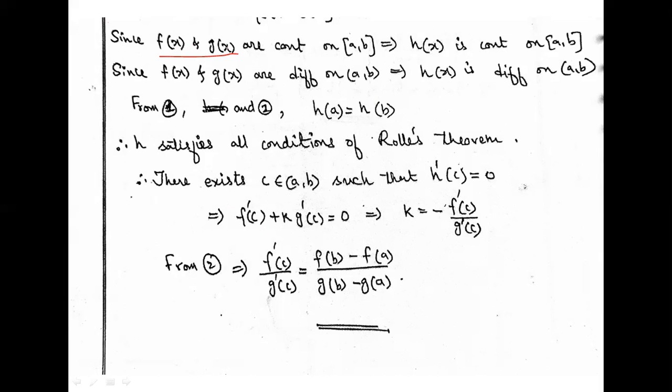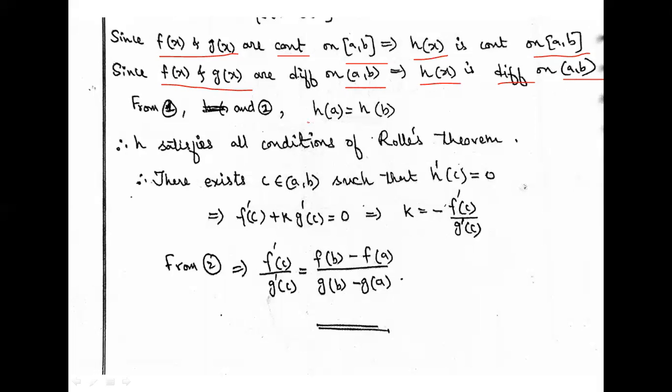Now f of x and g of x are continuous on the closed interval a comma b, then h of x is also continuous on the closed interval a comma b. Since f of x and g of x are differentiable on the open interval a comma b, h of x is differentiable on the open interval a comma b.